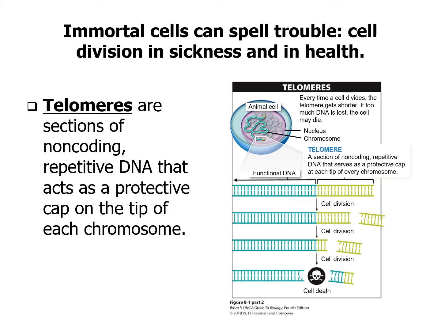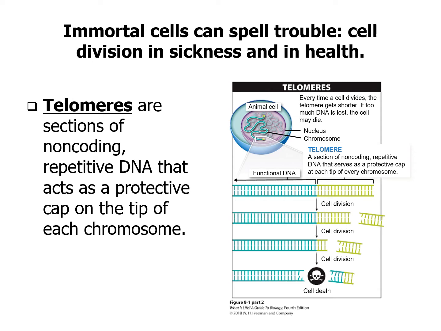Okay? So every time we have the replication of these chromosomes for each cell, these telomeres are going to get shorter and shorter. They're kind of like a car's odometer in that they keep track of the mileage of the cell. And in this case, the mileage is how many times the cell divides.